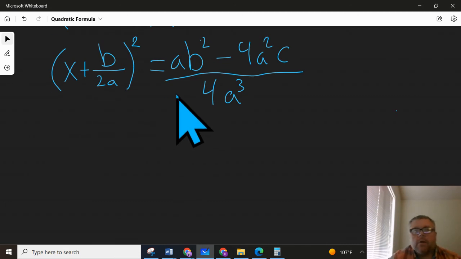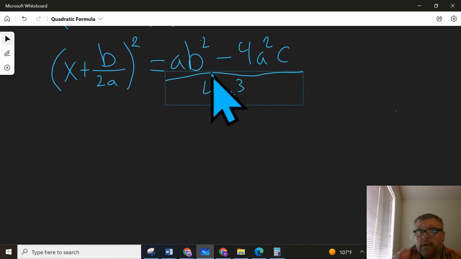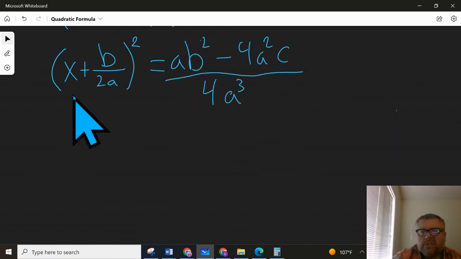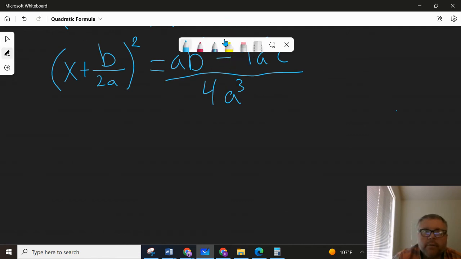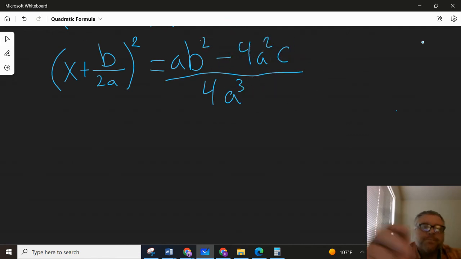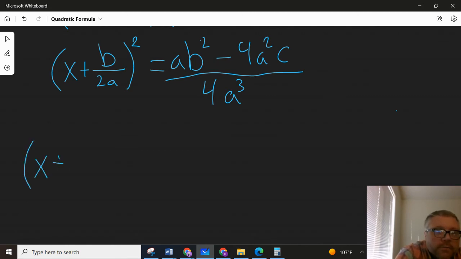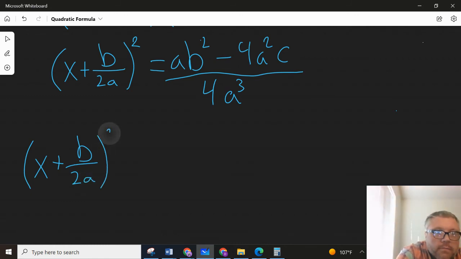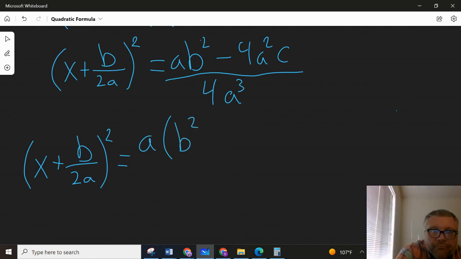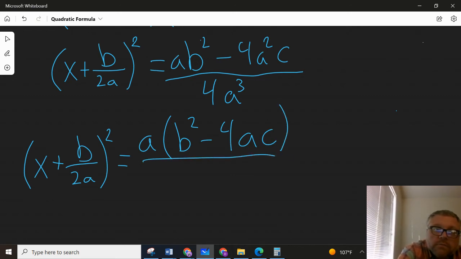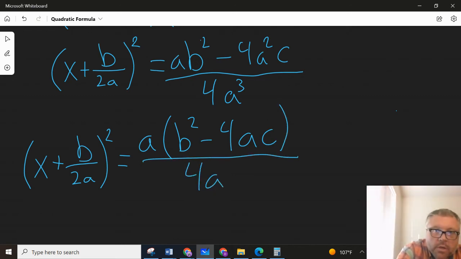And you can see here on the right, I can factor out an a from this term and this term on the top. So let's go ahead and do that. That's probably a good idea. Our left-hand side is going to remain the same for now. X plus b over 2a, that quantity is being squared. And I'm factoring out an a from my numerator, b squared minus 4ac, over 4a cubed.